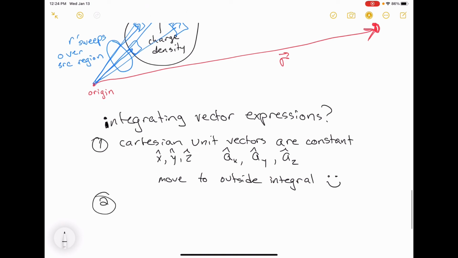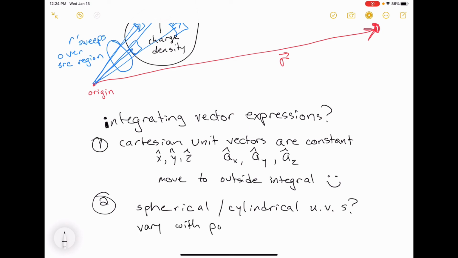Step two. What if you have spherical or cylindrical coordinate system unit vectors? They vary with position. If you aren't sure about that, just think about what direction the radius vector, like a hat r or a hat rho if you're in cylindrical coordinates, points if you're on the opposite side of the origin.